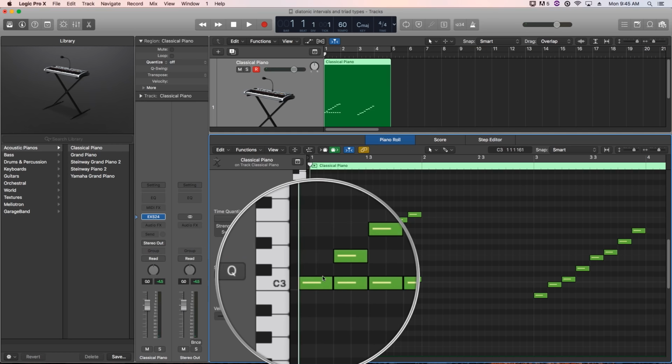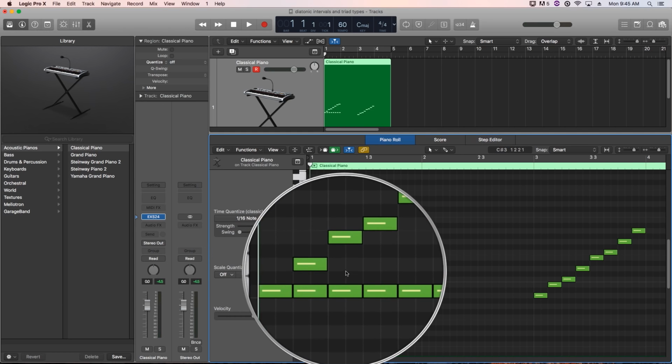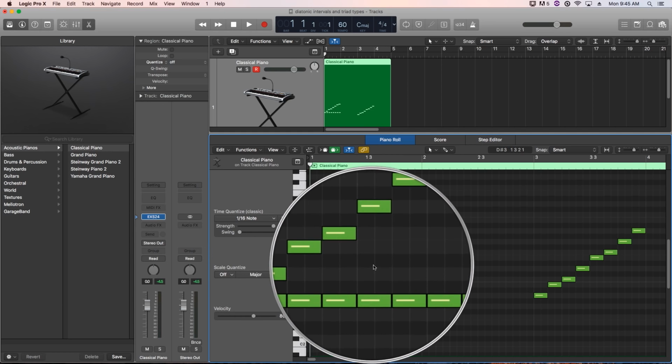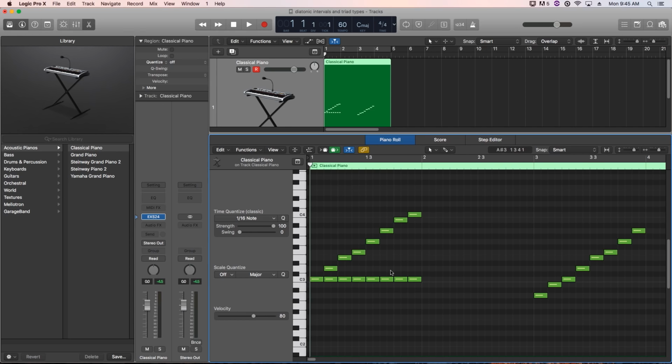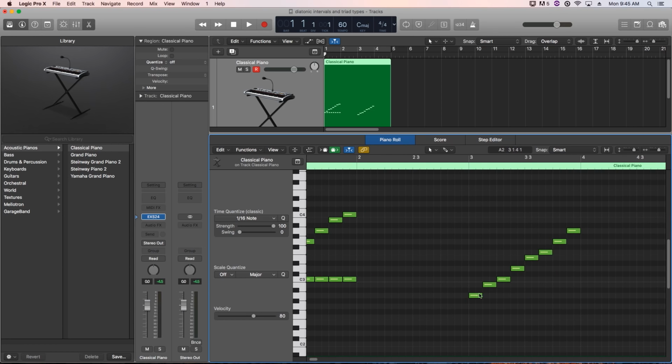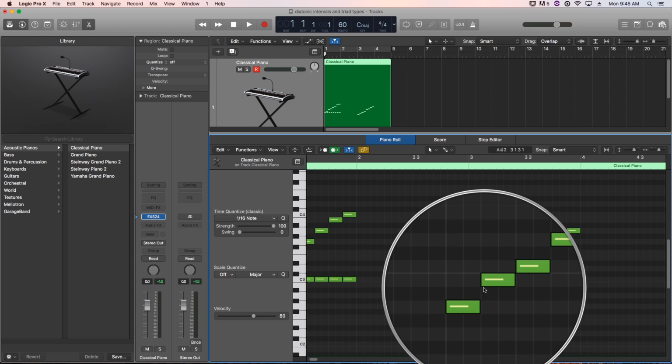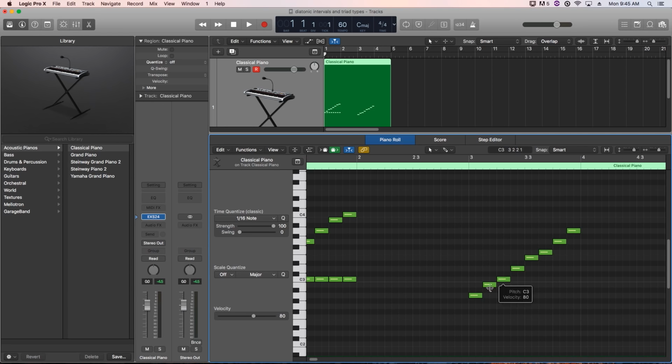So you have a unison, a second, a third, a fourth, a fifth, a sixth, a seventh, and then finally an octave. The same thing goes for the minor scale. A to B is a second, A to C is a third, A to D is a fourth, A to E is a fifth, a sixth, a seventh, and then finally an octave.